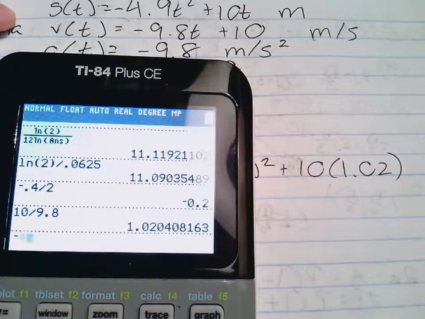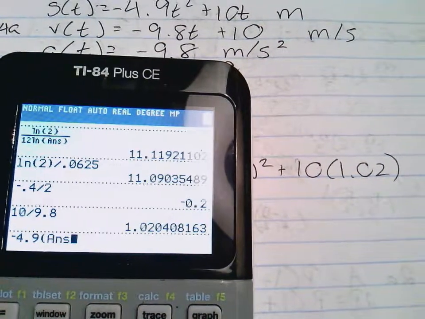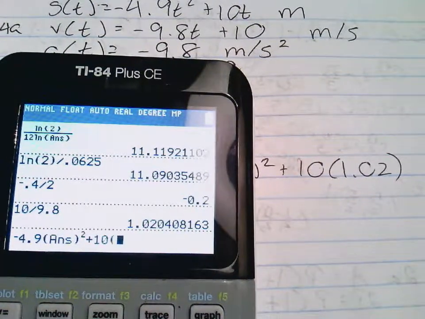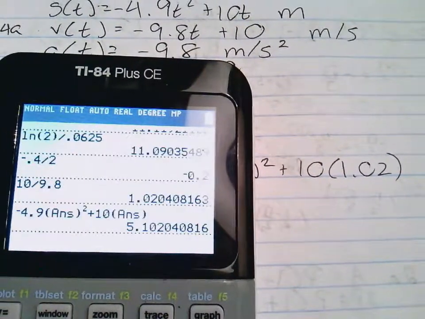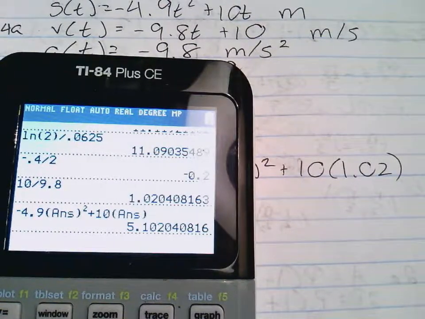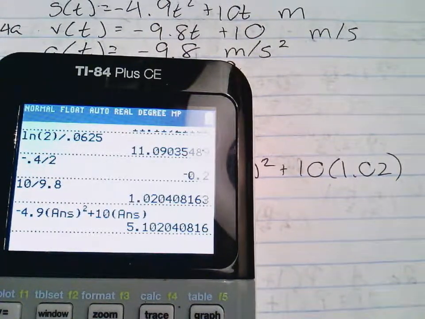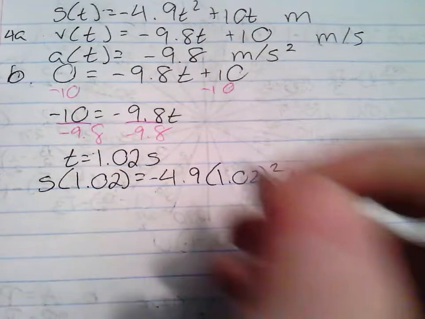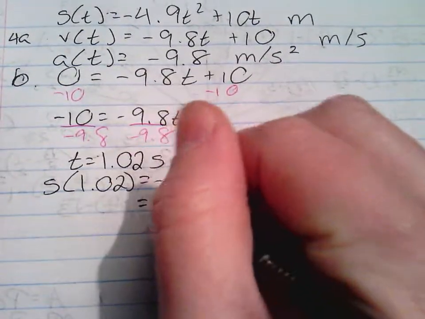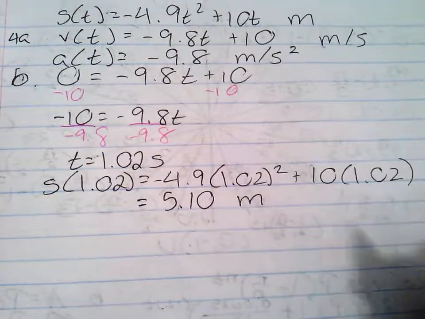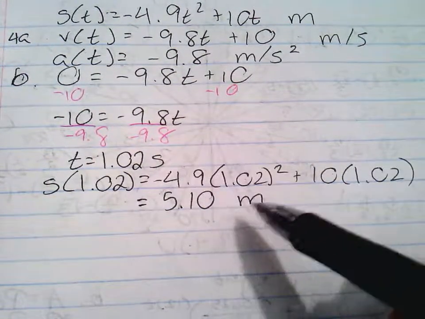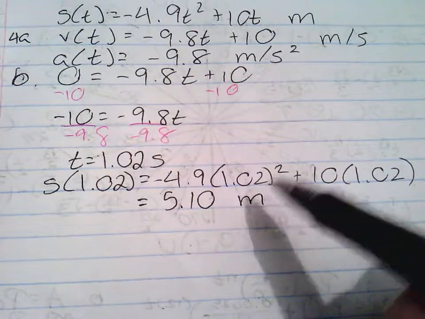You got negative 4.9 times the second answer squared plus 10 times the second answer. So it reaches this maximum height at 5.10. Its maximum height is at 1.02 seconds, and then the height is going to be 5.1.